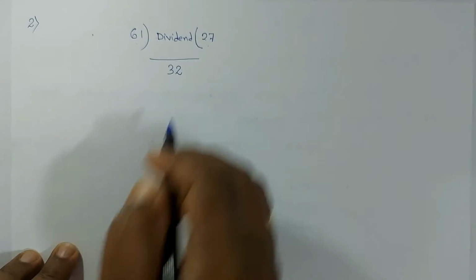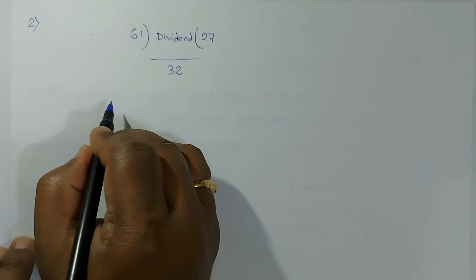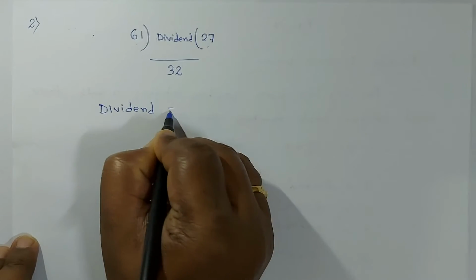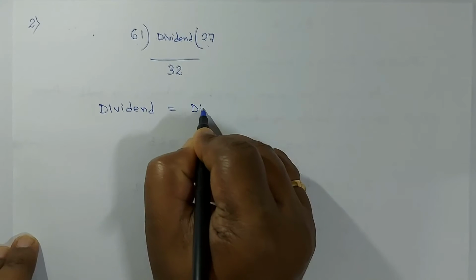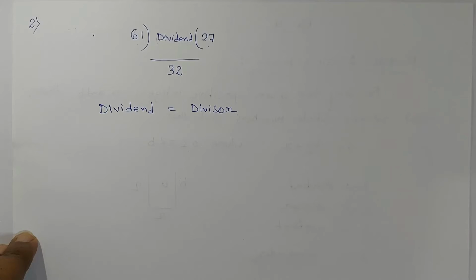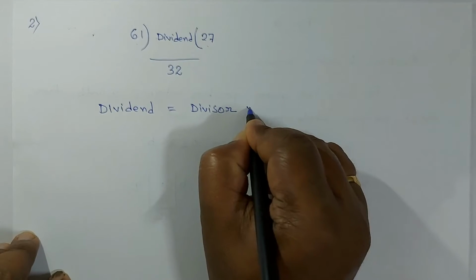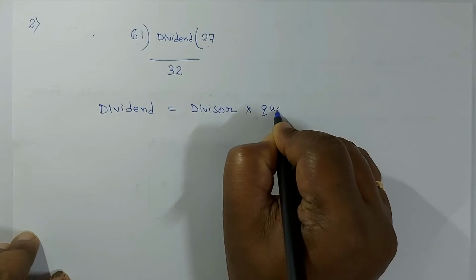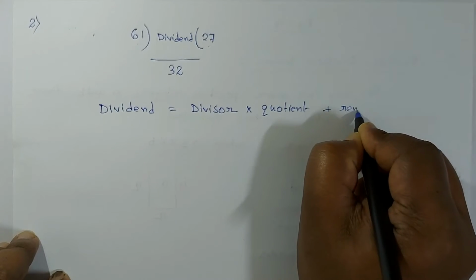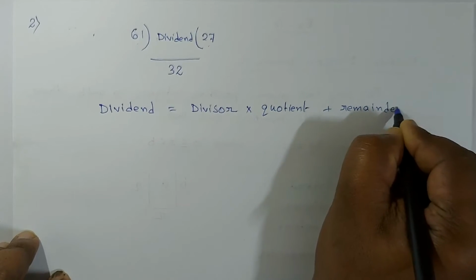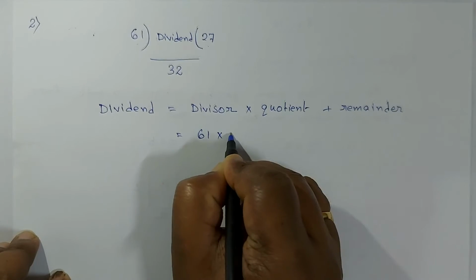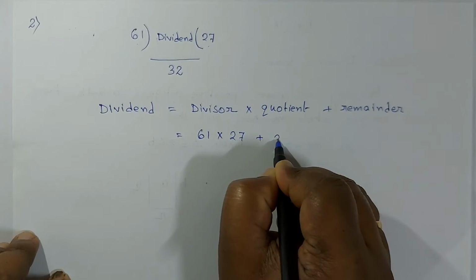All are given. So dividend equals divisor into quotient plus remainder, isn't it? So divisor is 61, quotient is 27, plus 32.